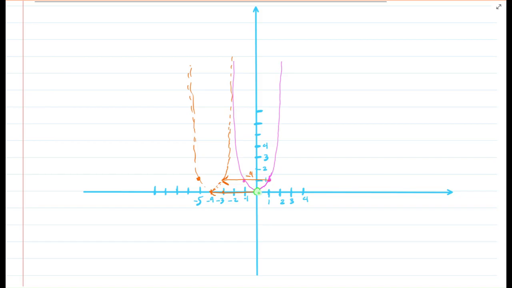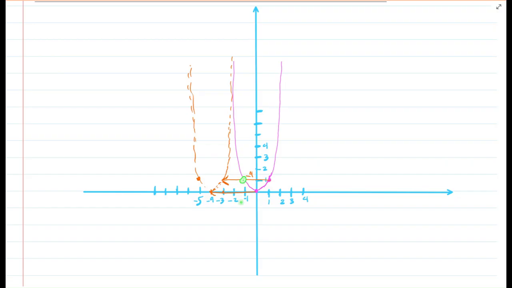The point (0, 0), we shifted 4 to the left, so it becomes (-4, 0). This point (1, 1), we shift x value, which is 1, 4 units to the left. So instead of +1, right now we have -3, because 1, 2, 3, and 4 units, we need to shift that to the left.